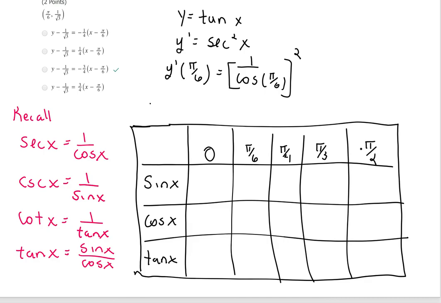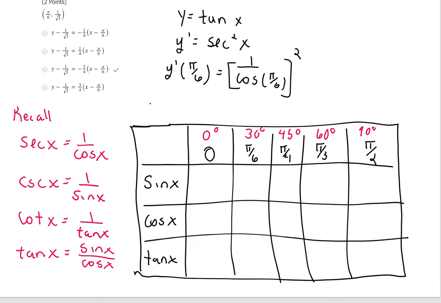Now, if we have it in degree measure, 0 radians is 0 degrees, pi over 6 is 30 degrees, pi over 4 is 45 degrees, pi over 3 is 60 degrees, and pi over 2 is 90 degrees. So these are our angles that we're looking at.